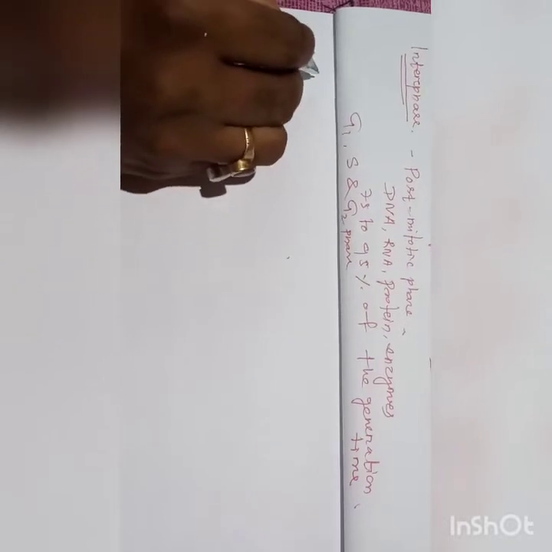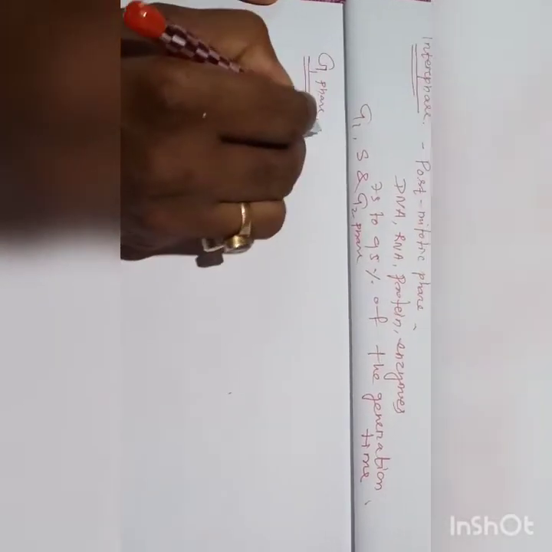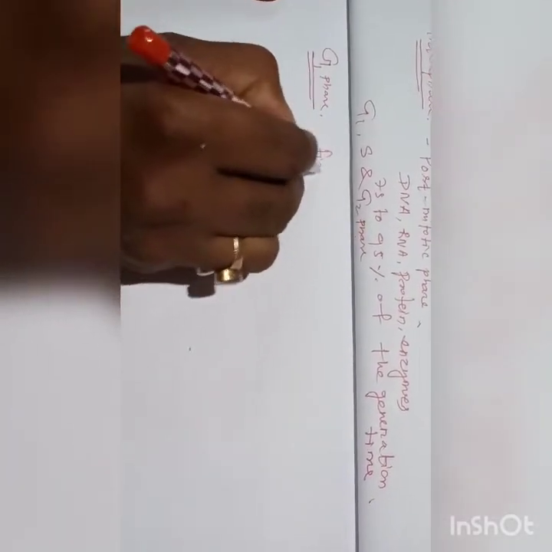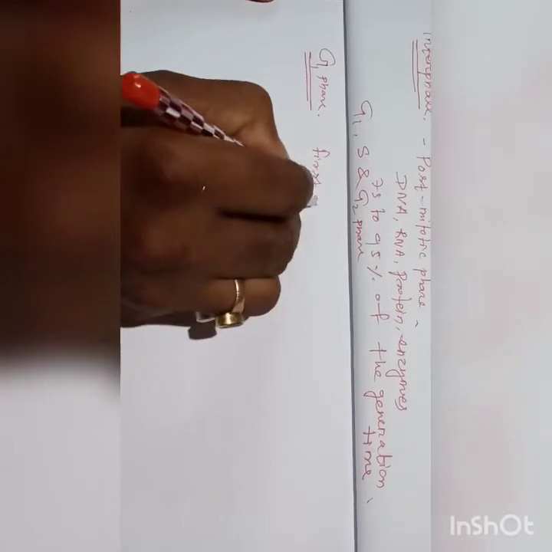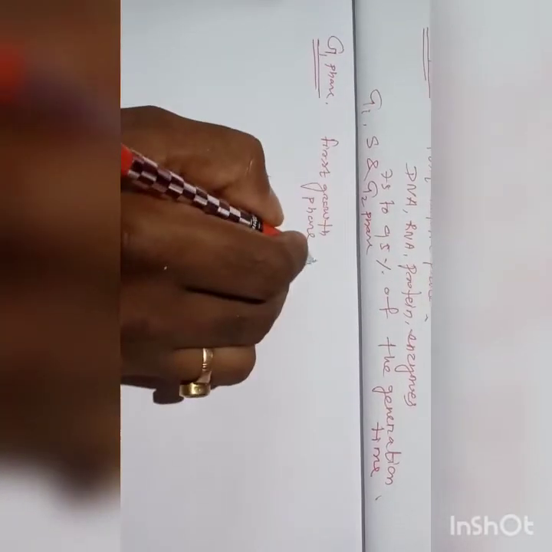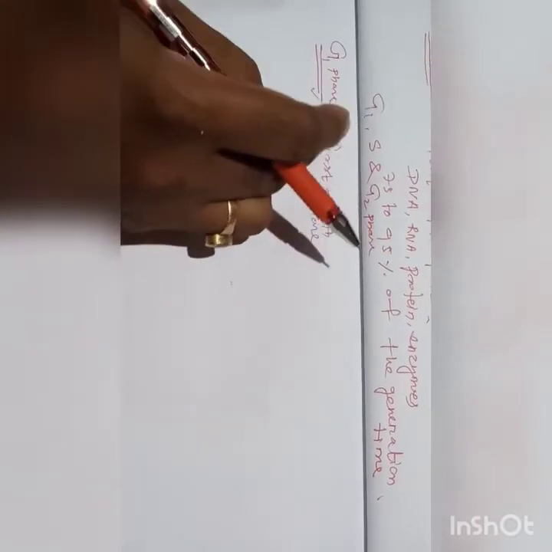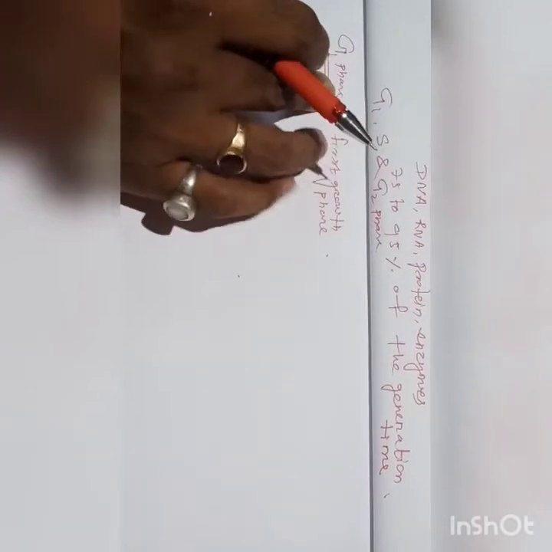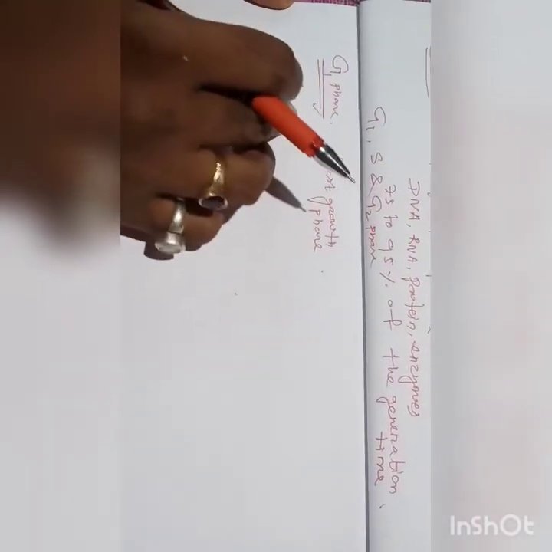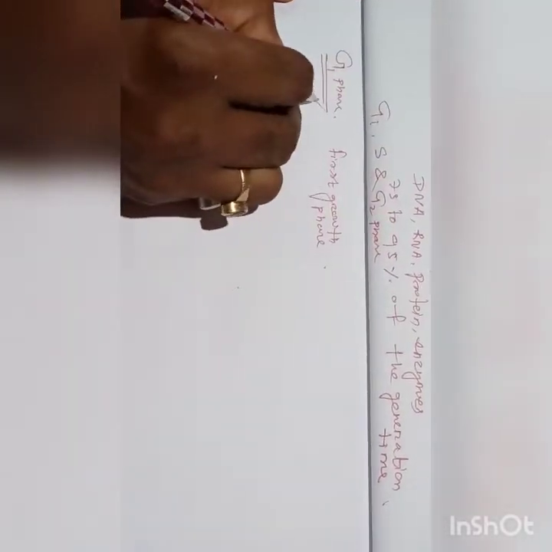Let's go to the G1 phase. It is also known as fast growth phase or post-mitotic phase because this phase comes after mitosis. So what are the events that occur in the G1 phase?